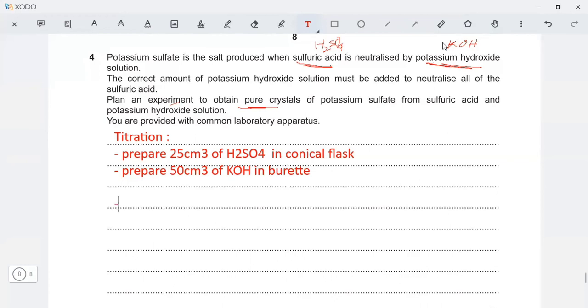Third step, of course, we need to add indicators. So add, maybe you can use phenolphthalein or methyl orange, it's fine. Add indicators, so add phenolphthalein. So phenolphthalein indicator.